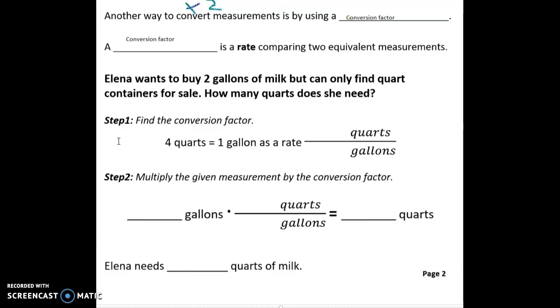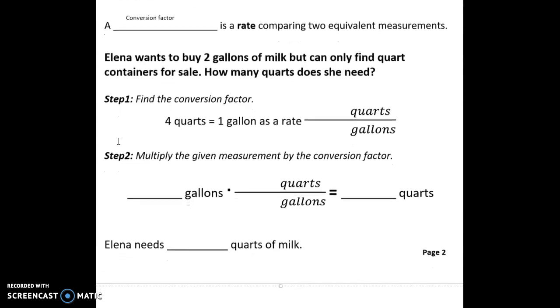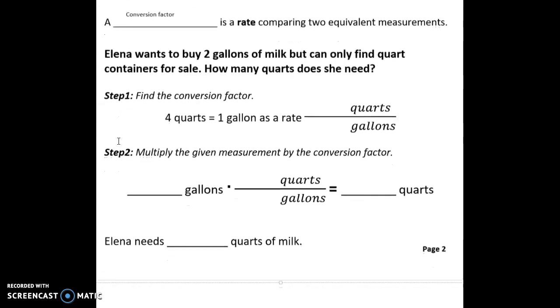So let's check out Elena. It says, Elena wants to buy 2 gallons of milk, but can only find quart containers for sale. How many quarts does she need? First of all, we need to find the conversion factor. So we know that we are working with gallons and quarts.